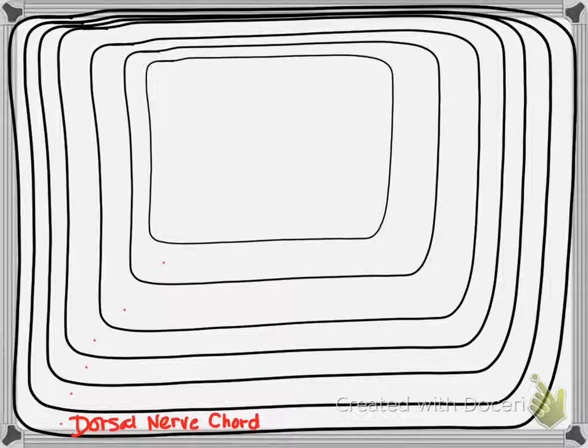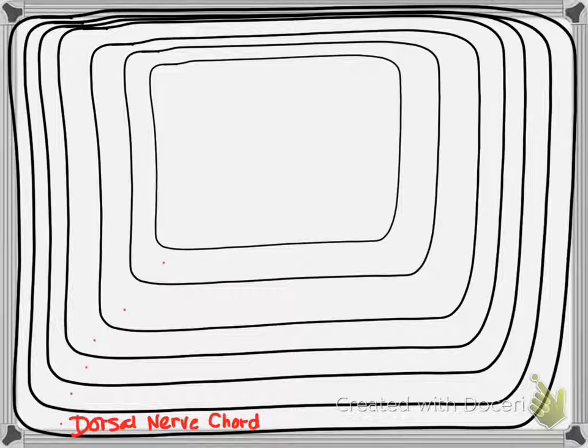Okay, so here's the thing. If you write something in a box, it's got that characteristic. Anything that's inside that outer line that says dorsal nerve cord has got a dorsal nerve cord. As we go in, if it's in here, it's got all the things.